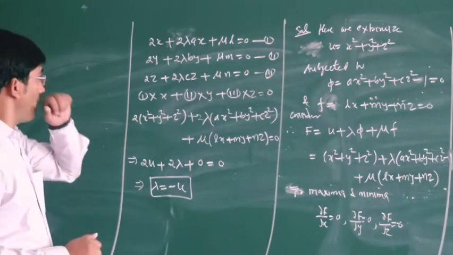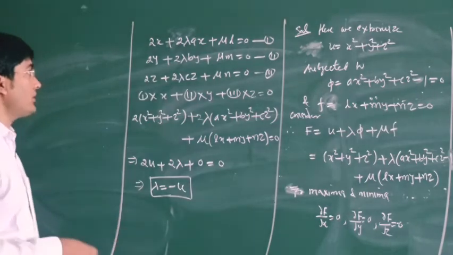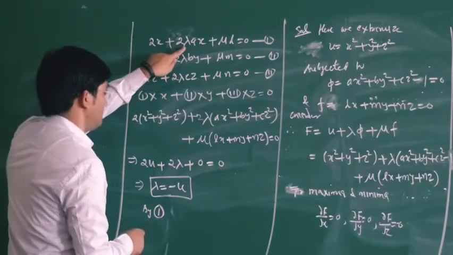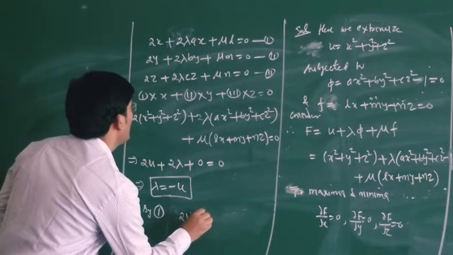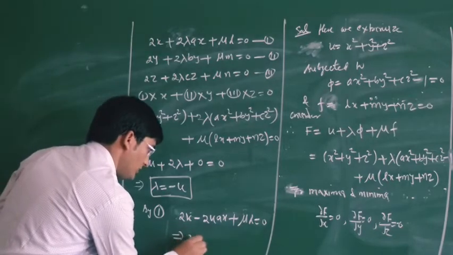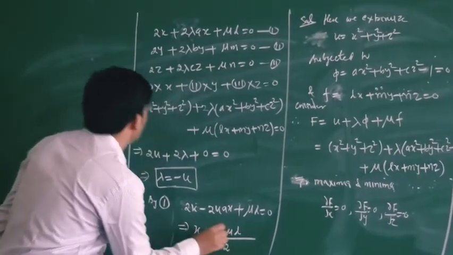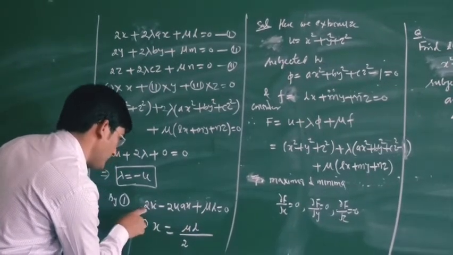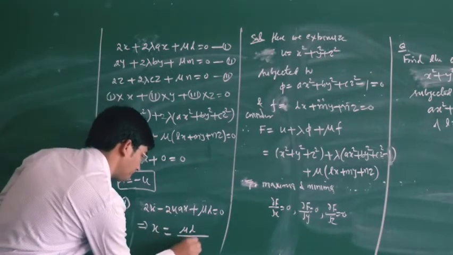Now we have the value of lambda equal to minus u. Now let us put the value of lambda here in equation number 1, 2 and 3 and obtain the value of mu. So by 1, if we put lambda equal to minus u here, we have 2x minus 2 u ax plus mu l equal to 0. So from here our x will be mu l divided by 2 times ua minus 1.